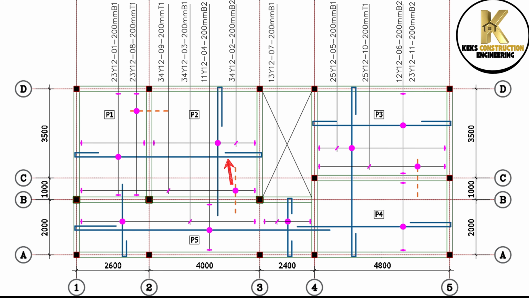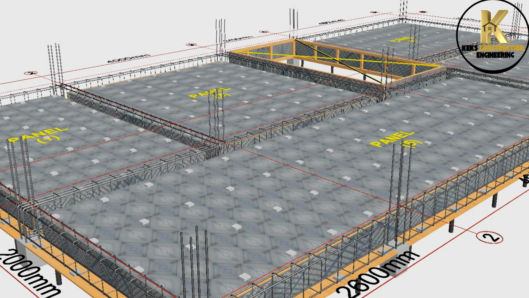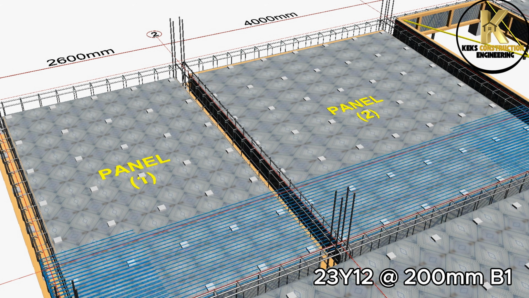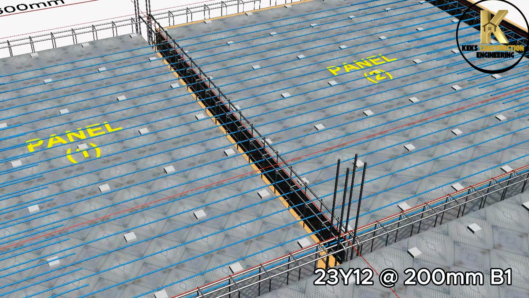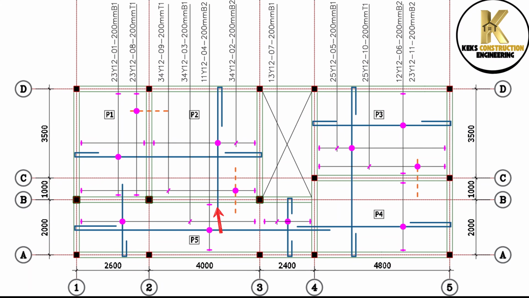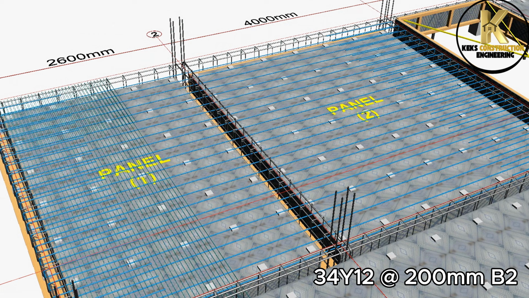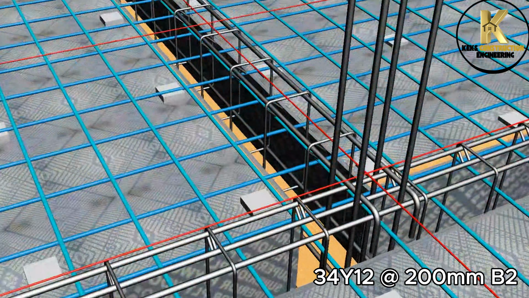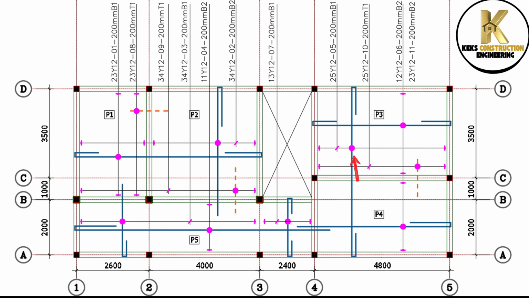Now, let's practically execute this first bottom bar on site in panels 1 and 2. 23 Y12 at 200 mm center-to-center spacing, B1. 30 Y12 at 200 mm center-to-center spacing, B2. 25 Y12 at 200 mm center-to-center spacing, B1.